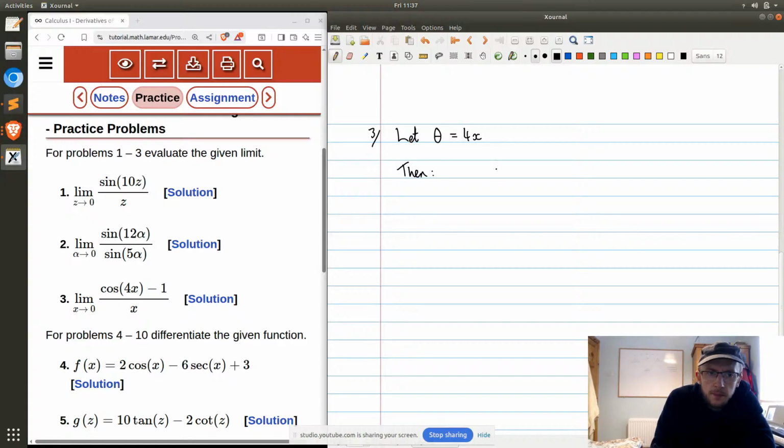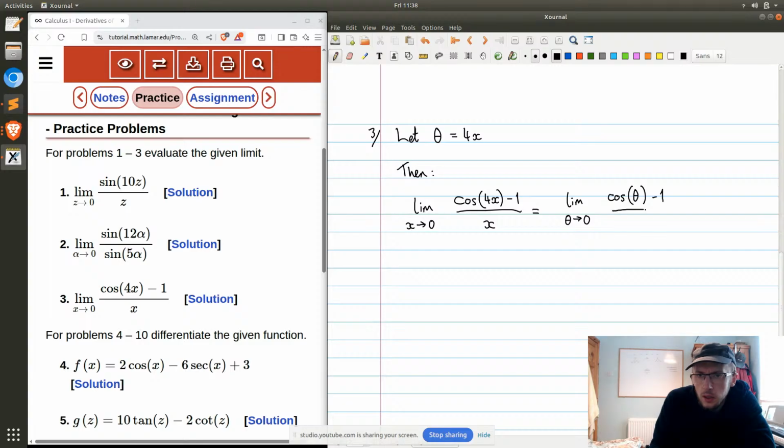Then the limit as x approaches 0 of cosine 4x minus 1 all over x becomes the limit as theta over 4 approaches 0, which is equivalent to the limit as theta approaches 0 of cosine of theta minus 1 over a quarter theta.